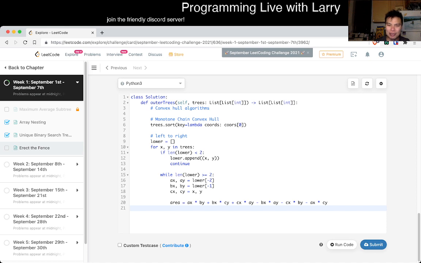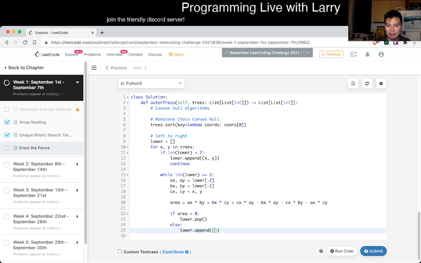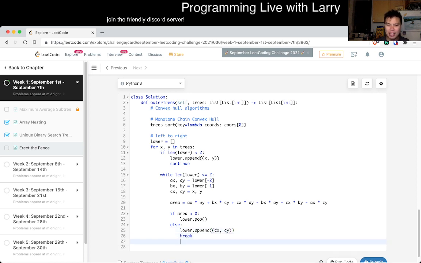We have to double check this later, but let's just say if area is going to 0, then what? I always forget which way the cross product goes, but let's just say if this is less than 0, then we pop lower from the stack, and then we continue. Otherwise, we append cy, and then we break. Okay, maybe this is okay.